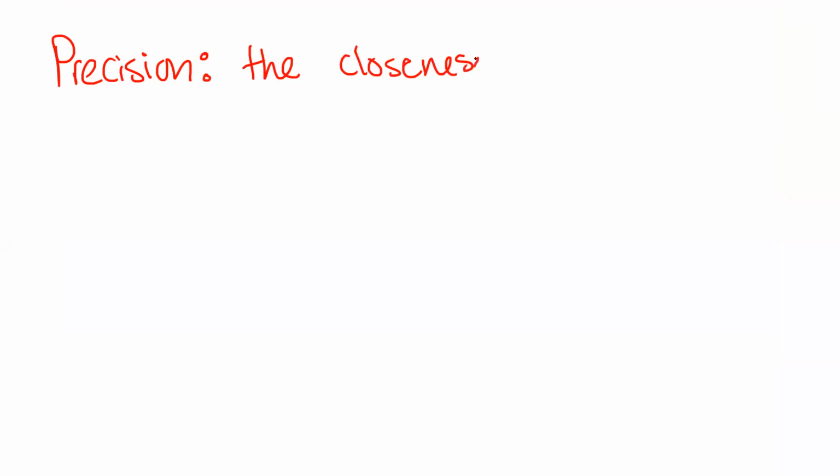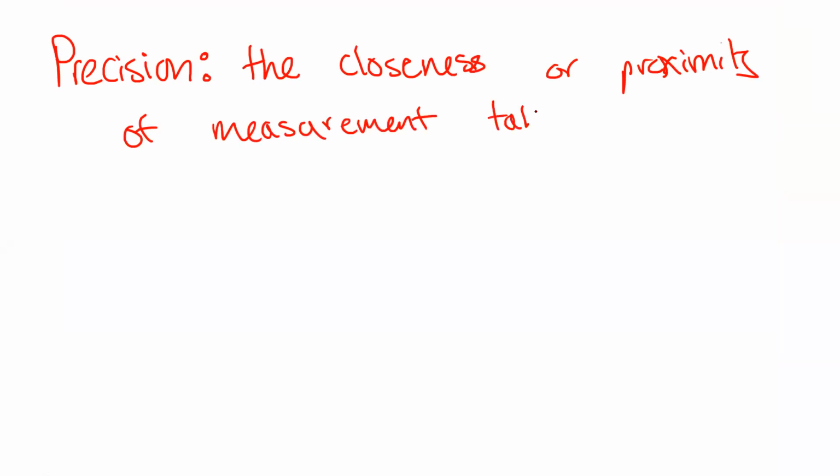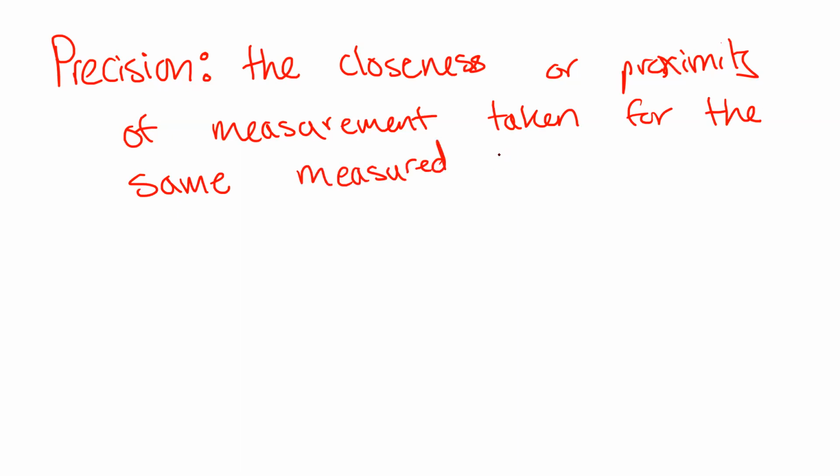Now we're going to go one slide forward, like so, and let's define, I know I'm jumping around a bit, I do apologize, precision as the closeness or proximity of measurements taken for the same measured thing.